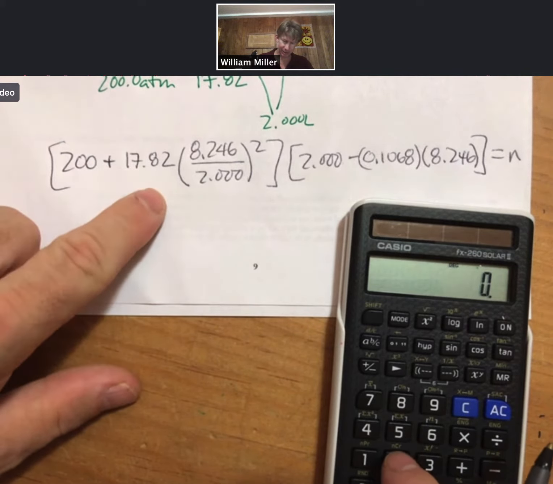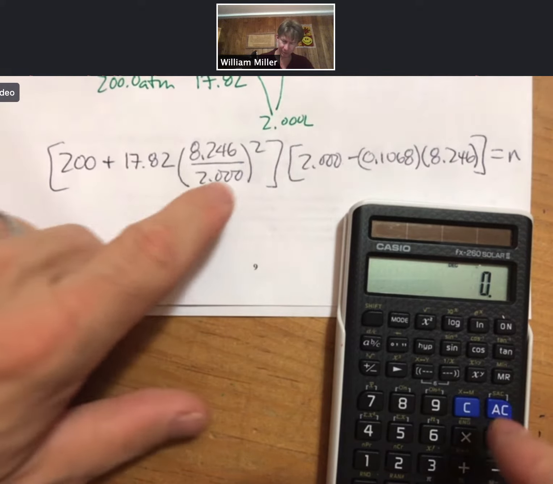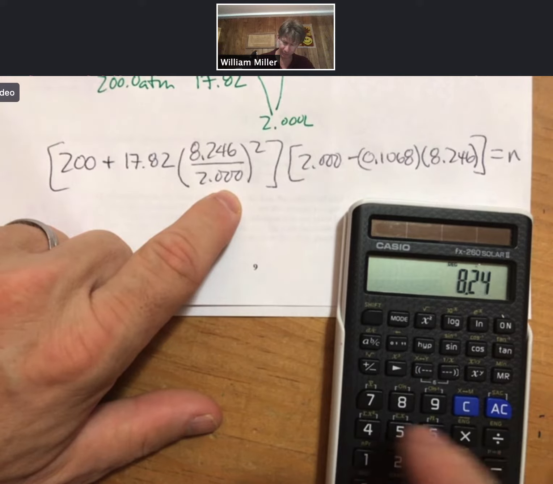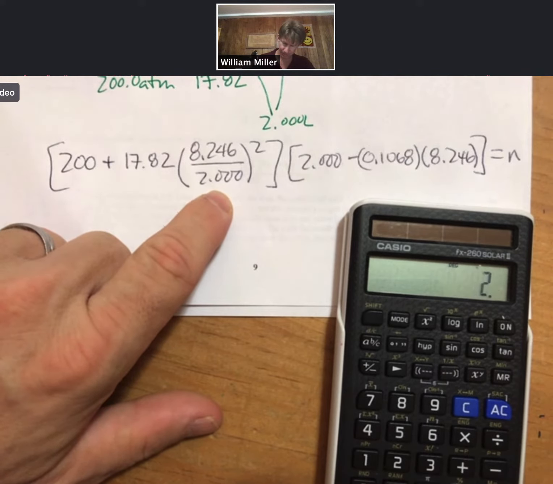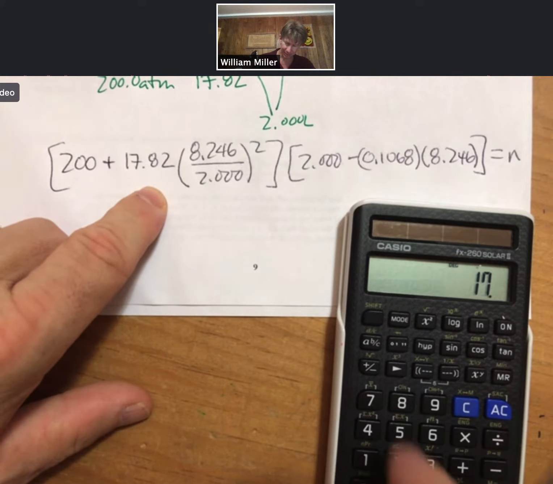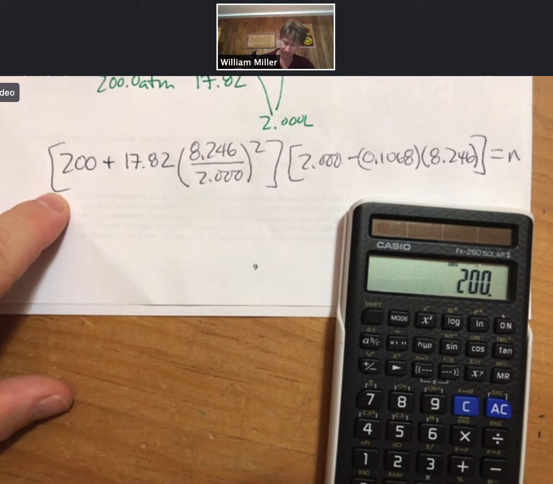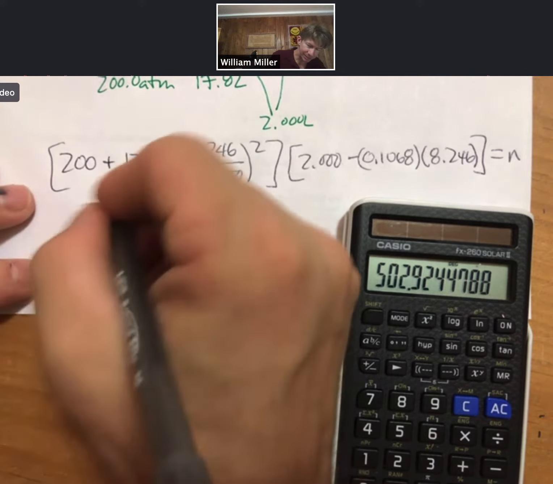This term here: 200 plus, let's do the squared part, 8.246 divided by 2 squared times 17.82, plus 200, gives 502.9.